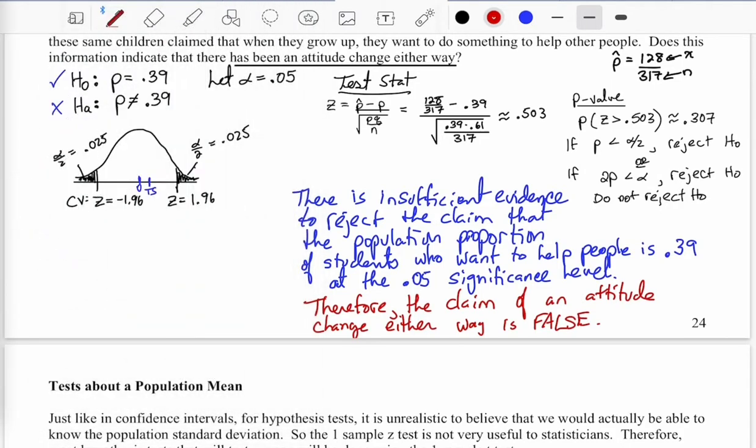Is that far enough away from the previous percentage that we would say that that previous percentage was incorrect? All right. And so based off of this hypothesis test, which is based off the same concepts associated with the confidence intervals, it's saying no, that's not the case.